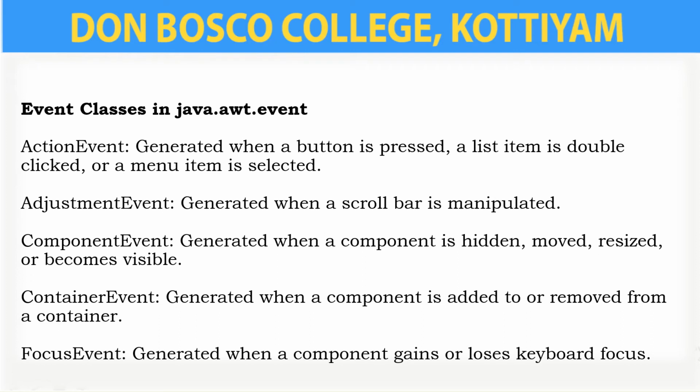Next is ComponentEvent, generated when a component is hidden, moved, resized, or becomes visible. Next is ContainerEvent, generated when a component is added to or removed from a container. Next is FocusEvent, generated when a component gains or loses keyboard focus.